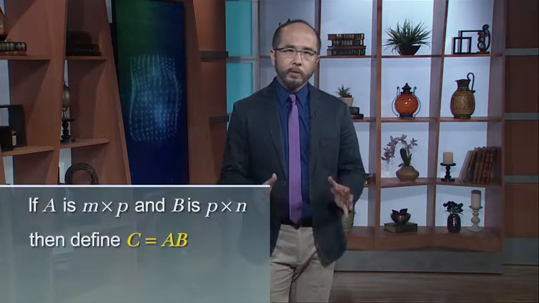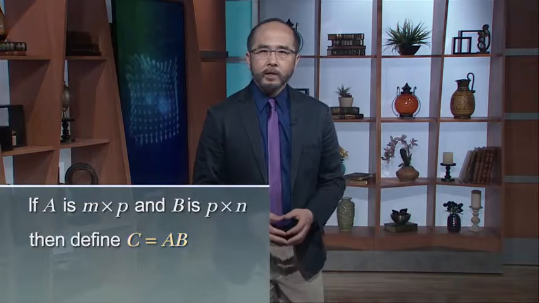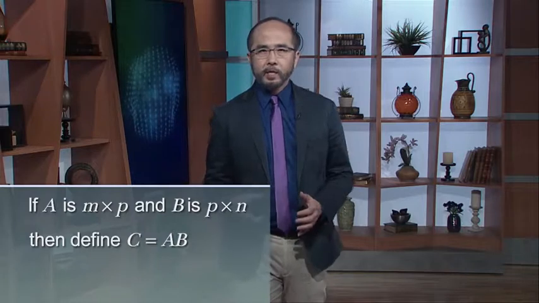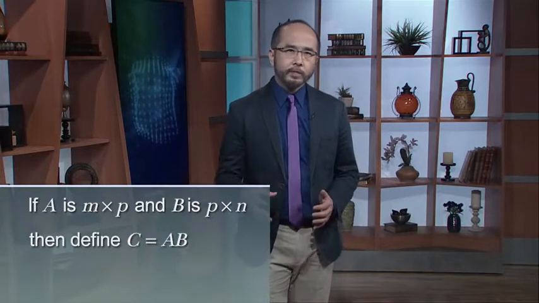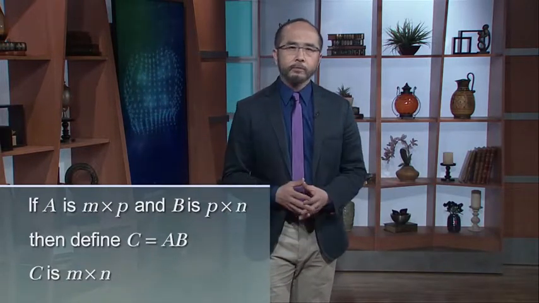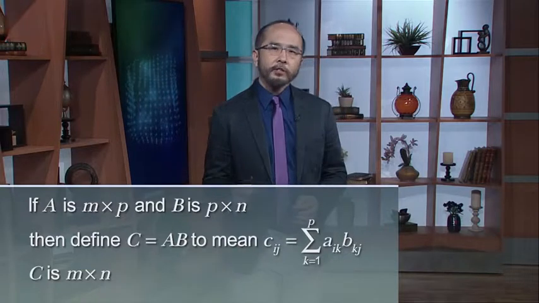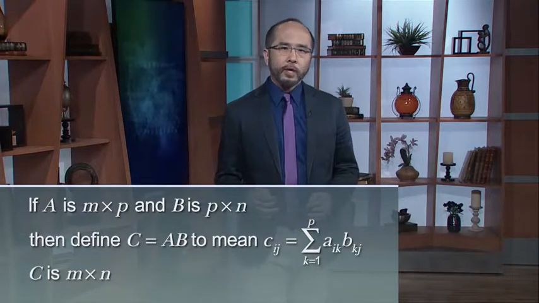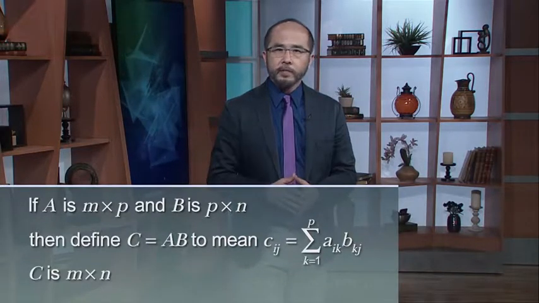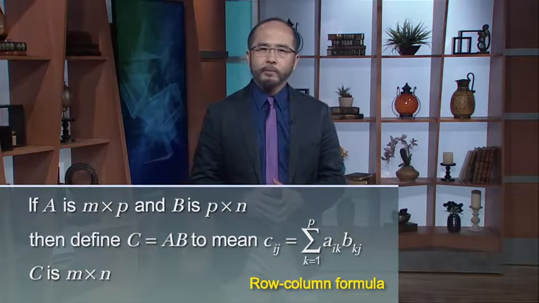The number of columns of A must be the number of rows of B. Then you can form the product A times B, which we will call C. Then if A is an M by P matrix and B is a P by N matrix, the matrix C will be M by N. To get the ijth entry of C, take the dot product of the ith row of A with the jth column of B. This is called the row-column formula.